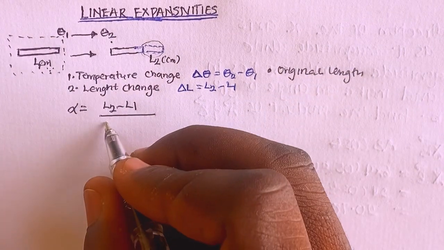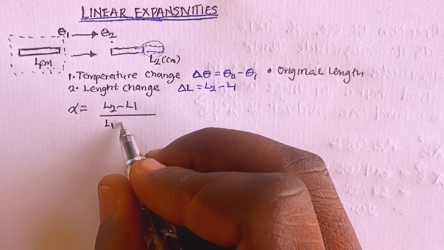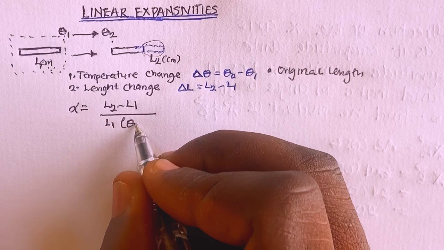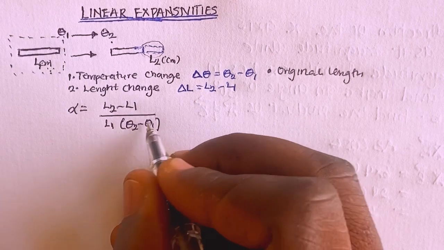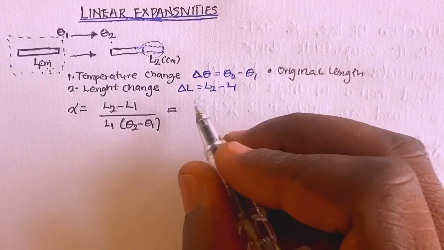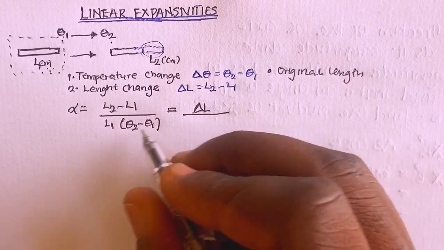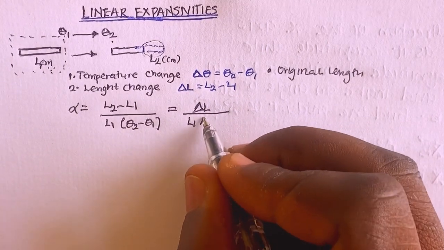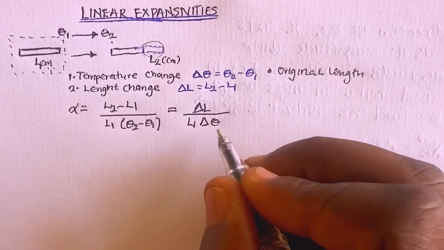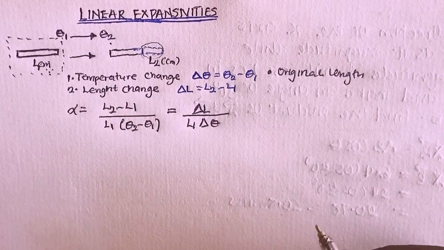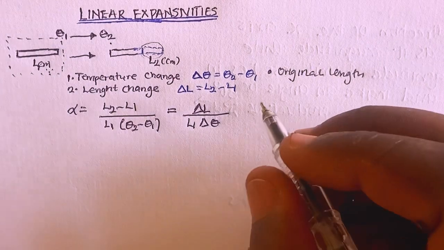So I'm going to have my L1, then multiply by theta 2 minus theta 1. So I can simplify this expression to delta L, which is change in length, divided by L1, multiplied by delta theta. That's just it.